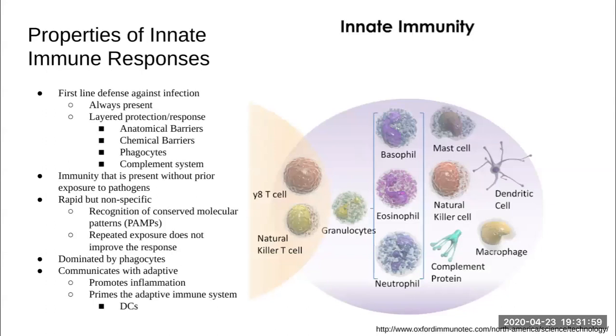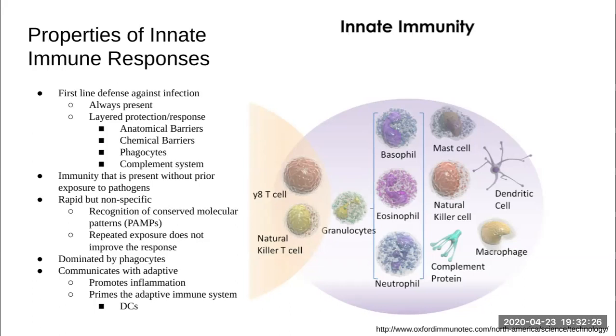Really the function of this system is to be this first line of defense. It's always present. It's present from birth. It doesn't require any prior exposure to learn it. And it serves a number of protective layers in that there are anatomic barriers like your skin, which physically blocks microbes from getting in. There are chemical barriers like the low pH of the stomach.